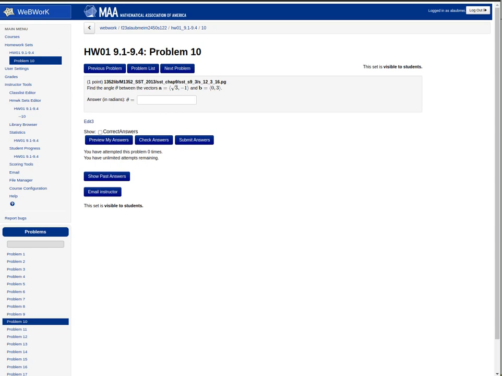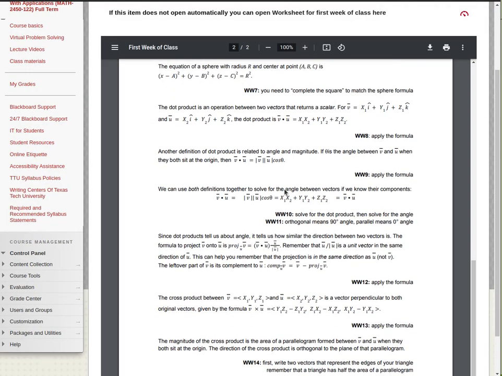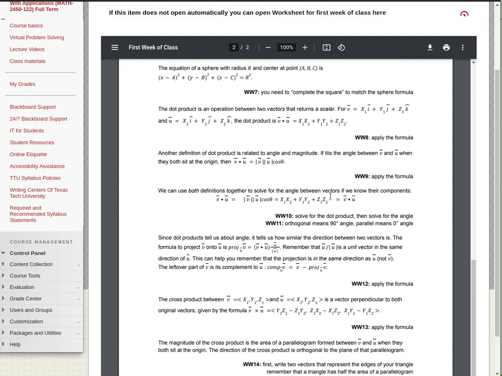10 is just using that exact same formula, but now making it into an algebra question. So we combine the two definitions, and then for unknown theta, we're going to go ahead and solve this equation. You'll take the v and u you're given, and plug everything in that you can.